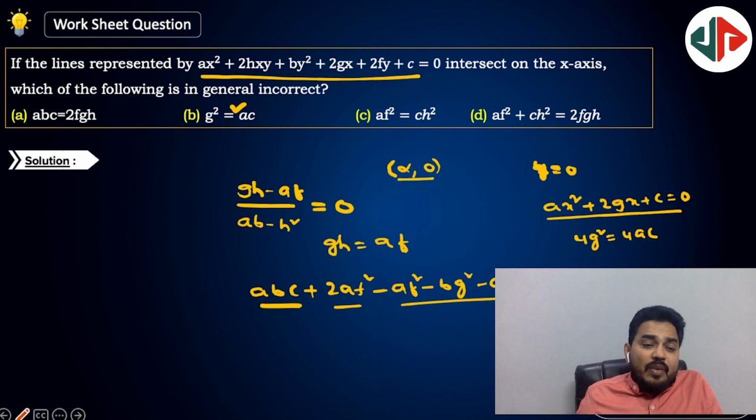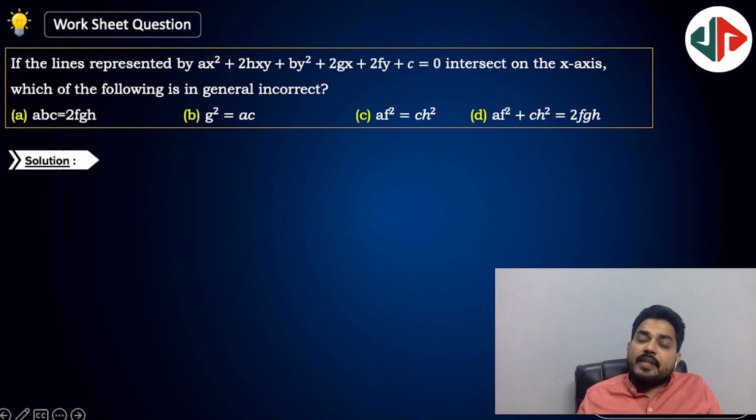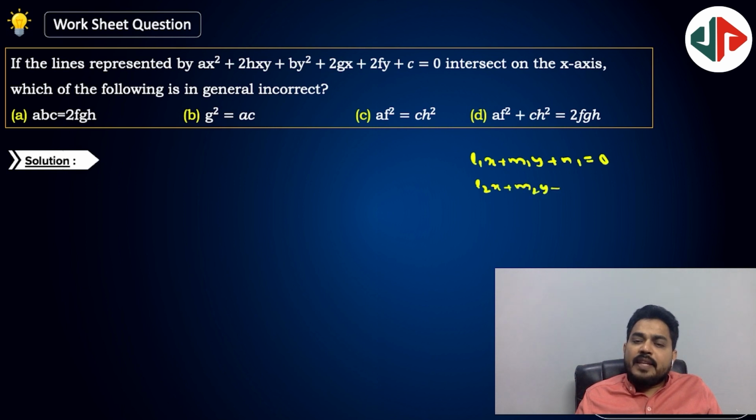And to get one more condition, what is the other thing you will do is, we will be taking this line as like this: L1x plus M1y plus N1 is equal to 0, L2x plus M2y plus N2 is equal to 0.